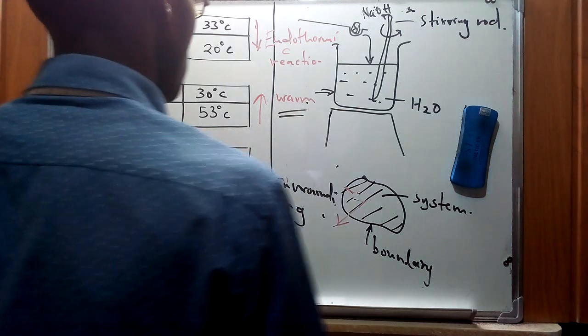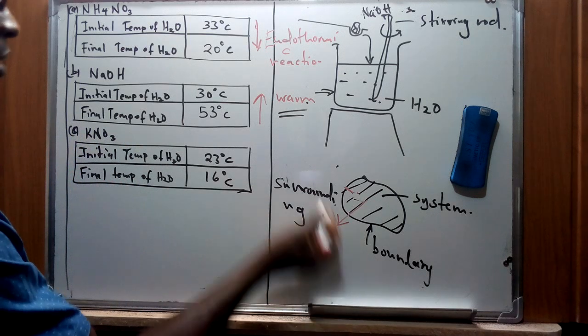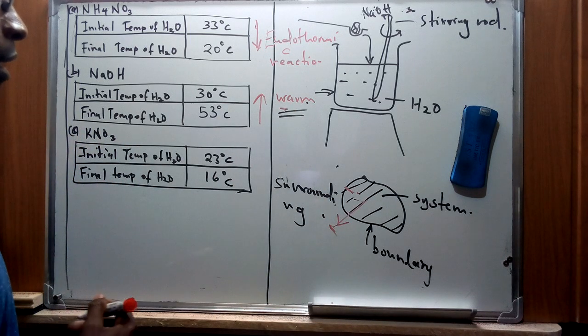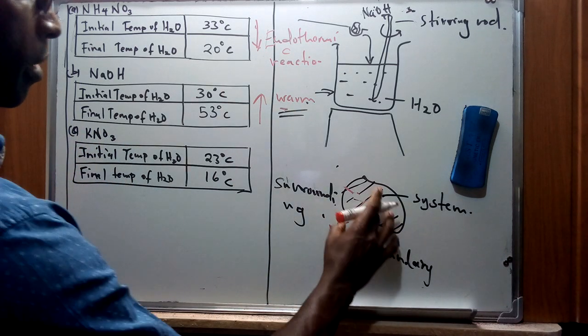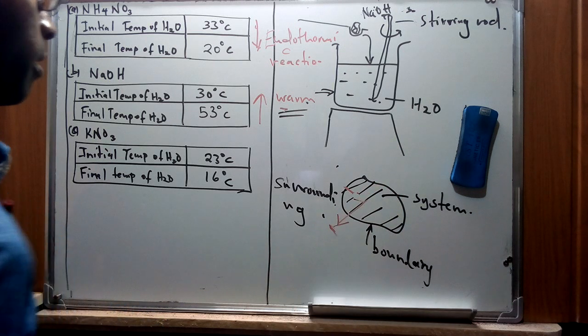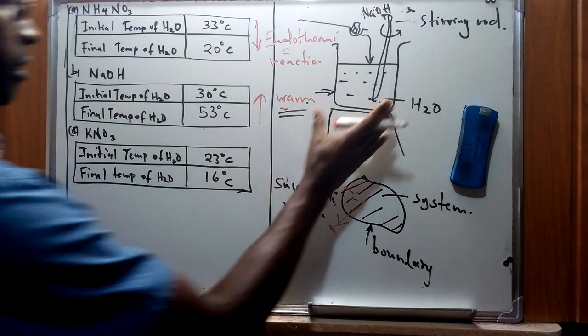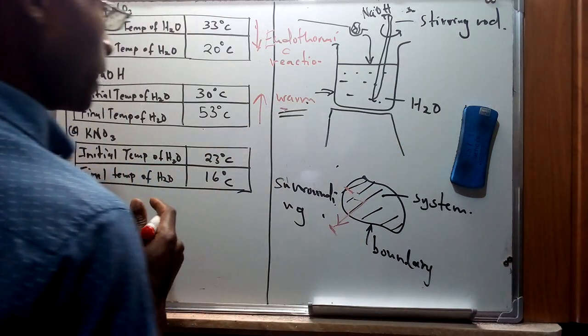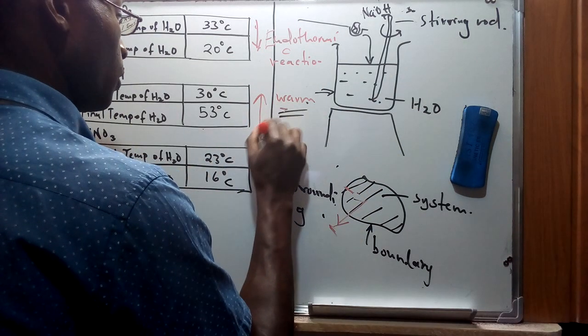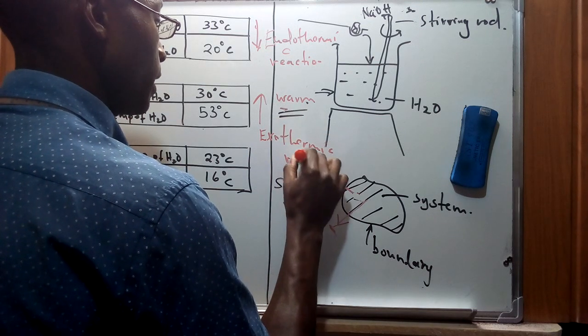And for the second one, whereby there's an increase in temperature that results in the warm feeling, implying that heat is being dissipated from the system to the surrounding, or being lost from the system to the surrounding, resulting in an increase in temperature that results in the warm feeling, is known as an exothermic reaction.